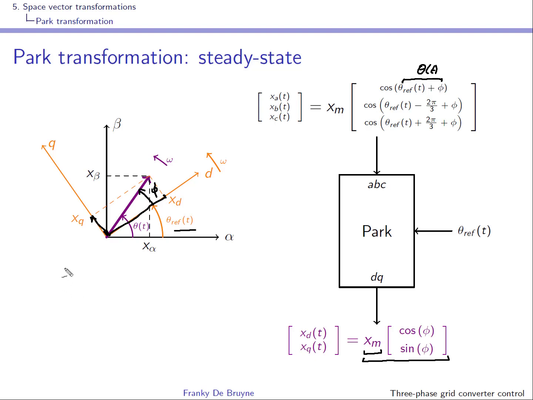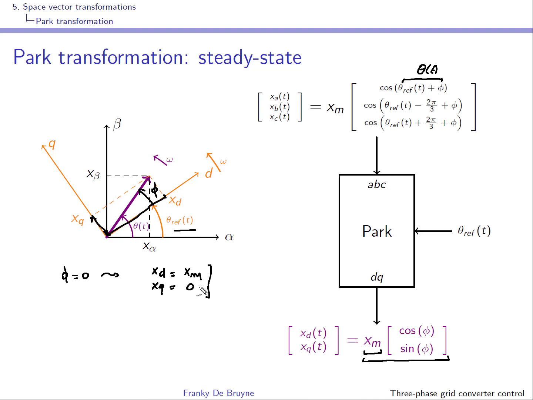And indeed, if phi is equal to 0, then you'll have xd equals xm and xq is equal to 0.